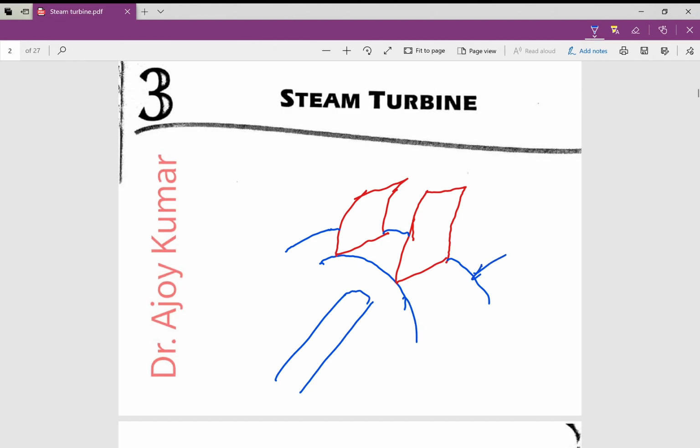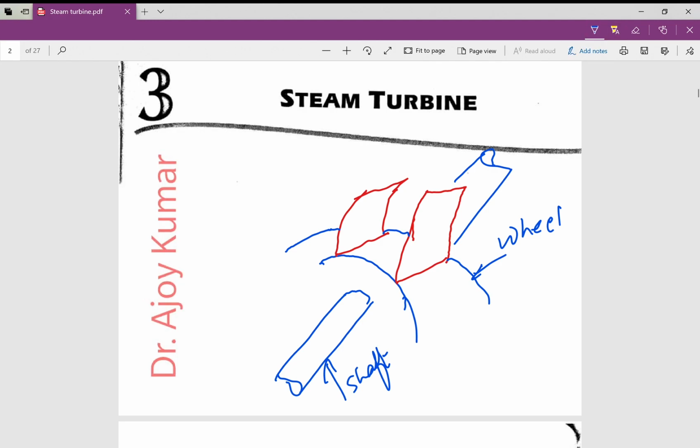This part is your wheel. This is your shaft. This shaft goes outside like this.